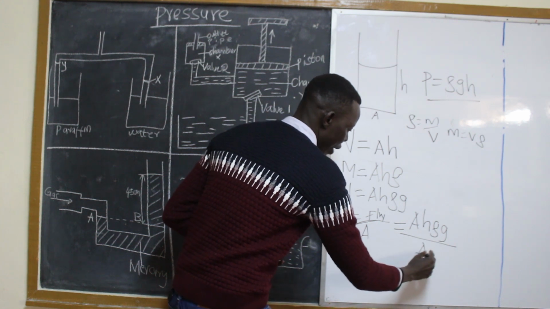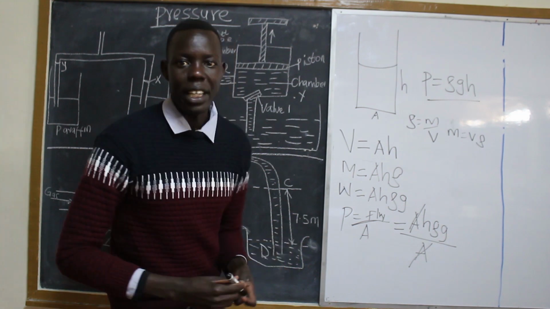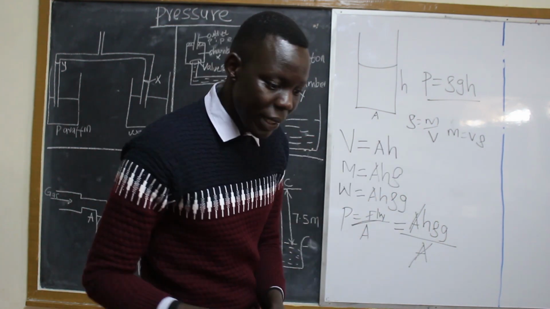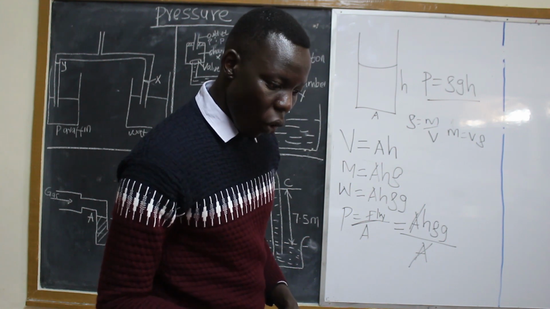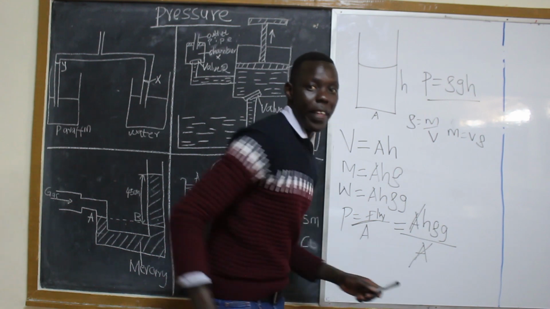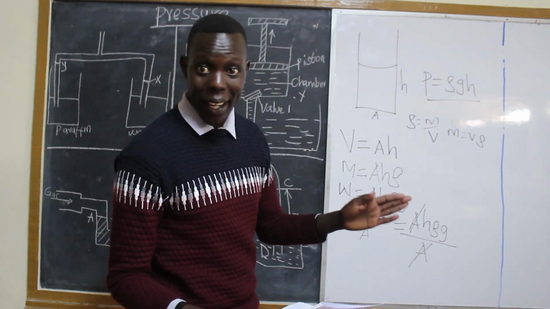Then the A cancels. We remain with H rho G. We are almost there. This is not the answer. Look at the question. The question has said H. Oh, it's well now. I was looking at the way those values have been arranged.